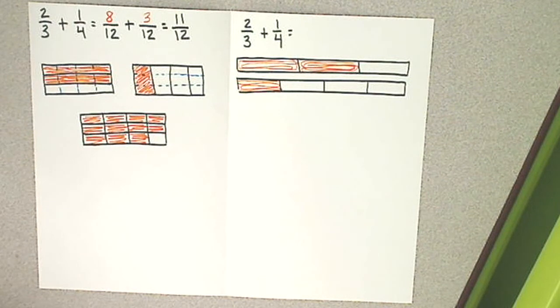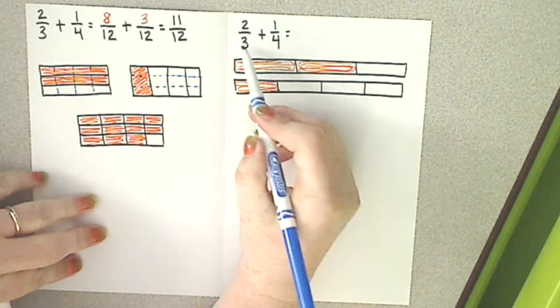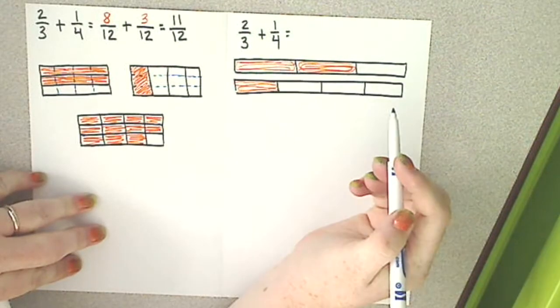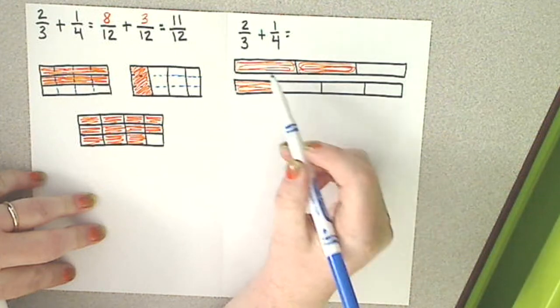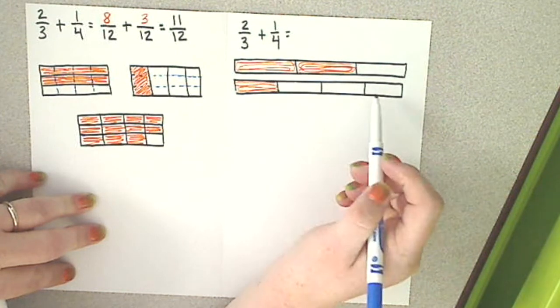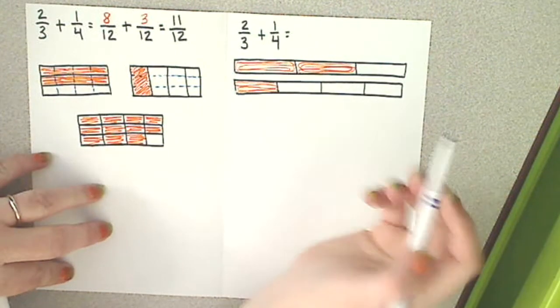Okay. Now my second step is to create fraction strips with equivalent pieces. Again, we multiply the denominators together. So 3 times 4 is 12.